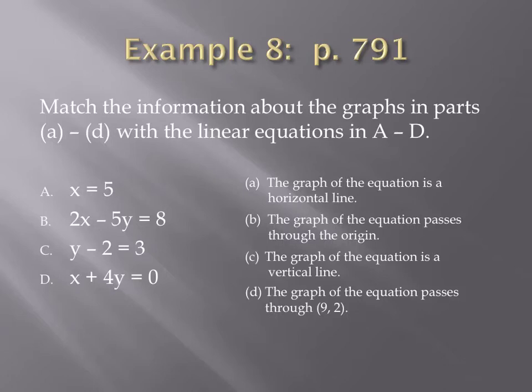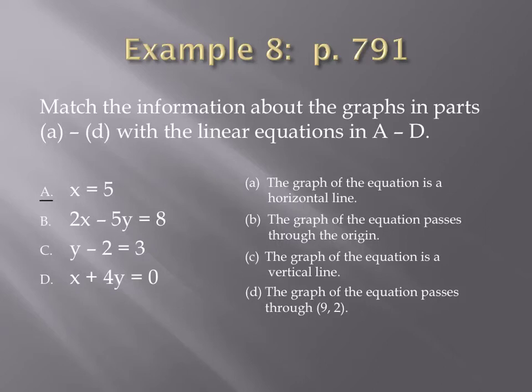Example 8, match the information about the graphs in parts A through D with the linear equations in A through D. So, let's see. Alright, A, the equation x equals 5. So we just looked at that.